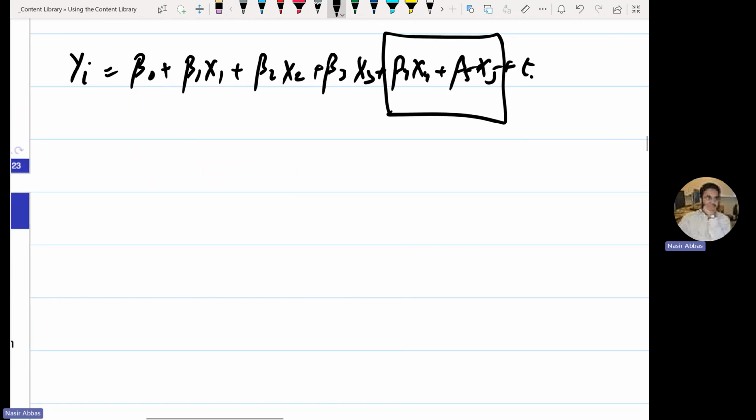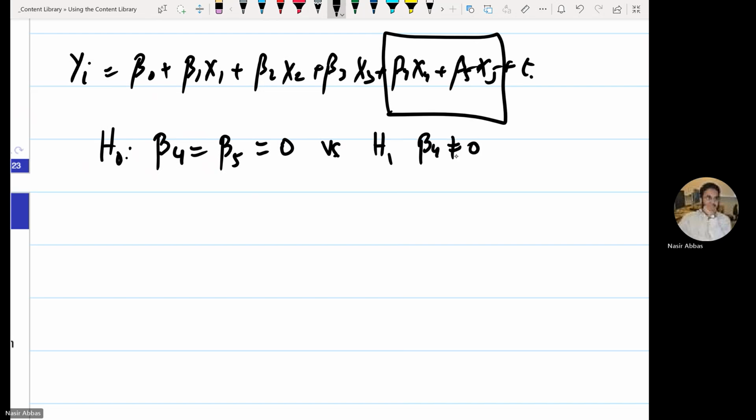So if I want you to test the significance of x4 and x5, I want you to test the hypothesis that beta 4 and beta 5 are both equal to 0, against at least one of them is not equal to 0.